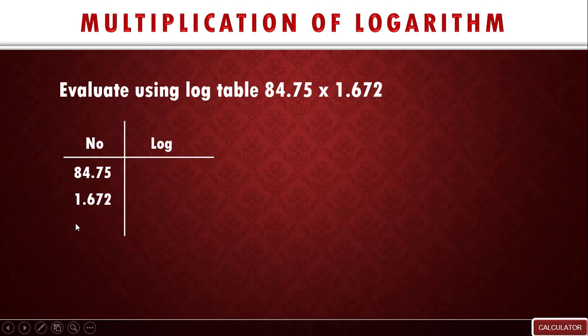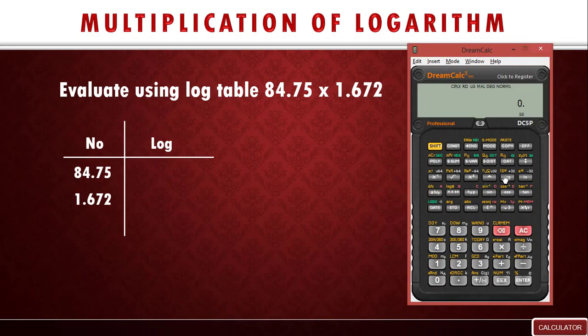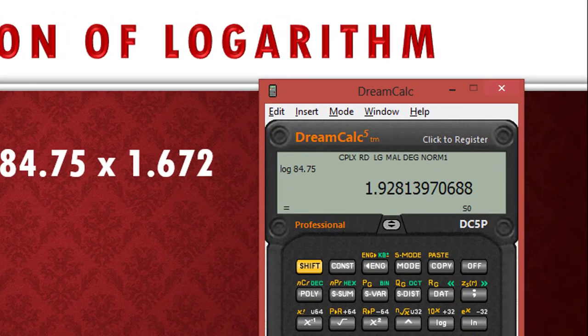Okay, for the sake of speed, we're going to make use of our calculator, since the two numbers that we have here are greater than 1. So let's find it on our calculator. Let's look for log 84.75. I'll press equals or enter, and that is giving us 1.9281, then 3, 9.